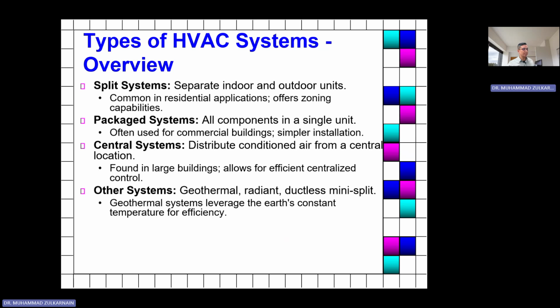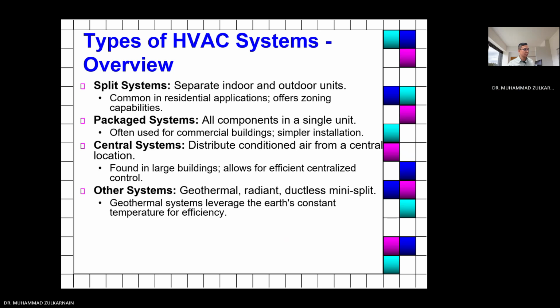And then the package system, all components in a single unit, often used for commercial buildings. Maybe in some of the offices, lecturer offices, we use the package system. Like in my office, we also use the package system. And central system distributes conditioned air from a central location, meaning it is controlled by the central, the temperature and the flow, only one condition.